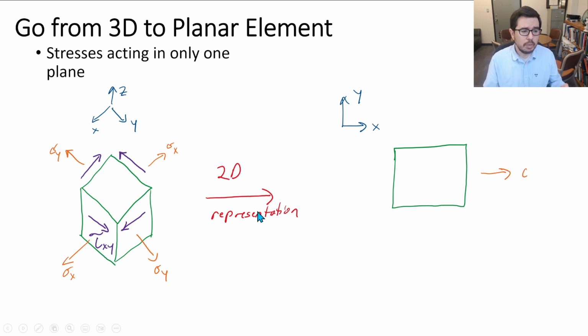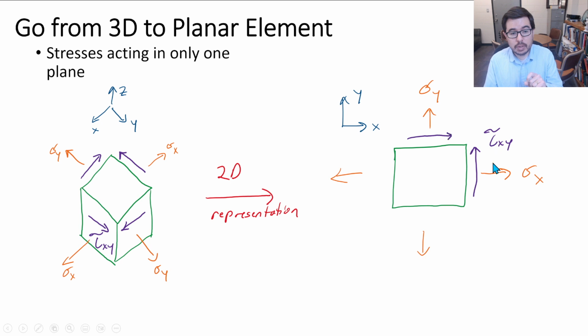And we can write our sigma x, our sigma y, as we see here, and then we can put on some shear stresses as well. And note with our convention, we've said that the positive tau xy is on the x face. So this is the x direction, so it's coming out.